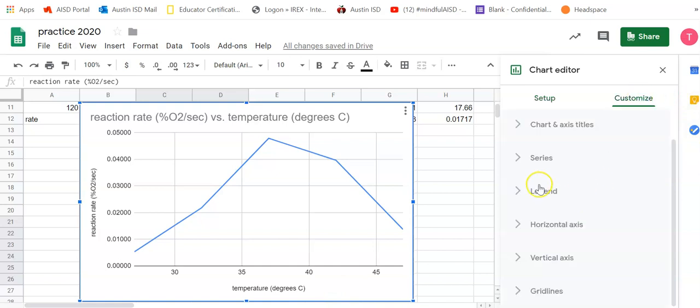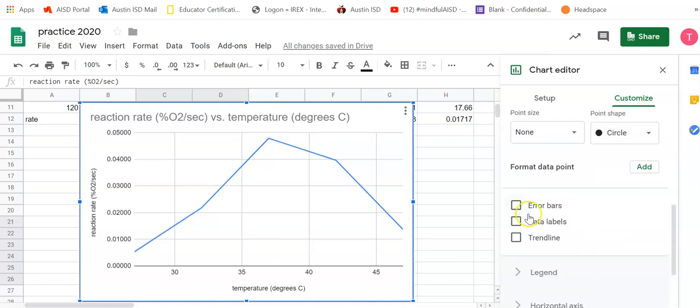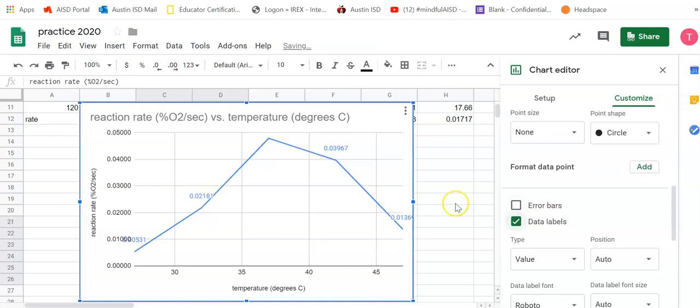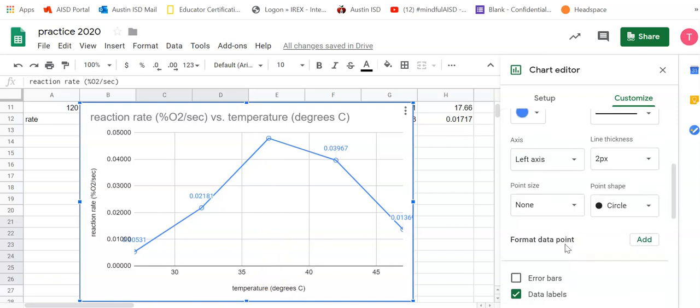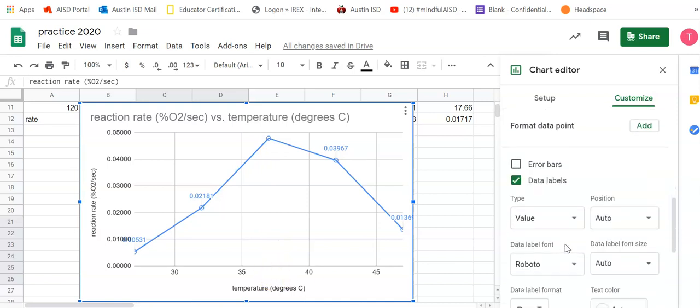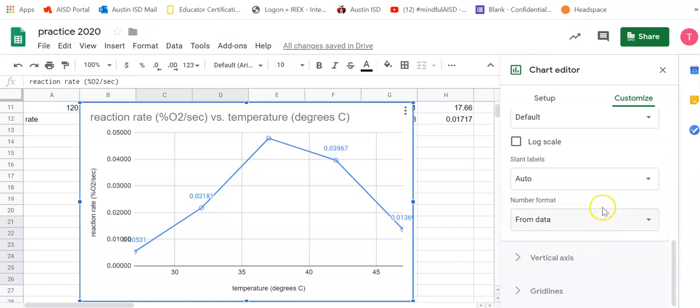I'm going to go to Customize and see if it will label the data labels. What is this value? Let's see if I could do some more.